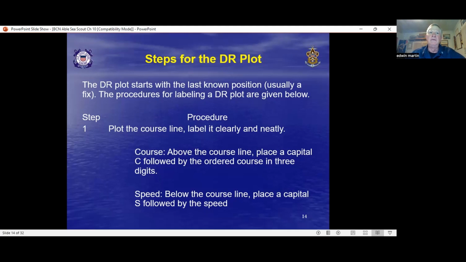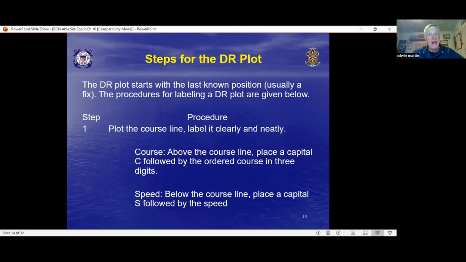That's where DR really comes into its own. So it's always good for planning and for keeping track of where you are, because once you lose your electronics, where are you? Where do you go from there?